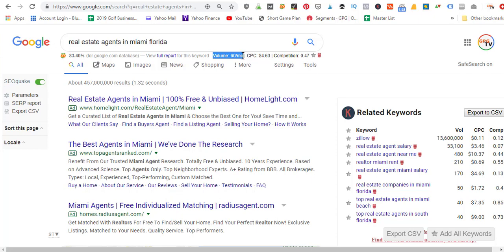If I was going to pay Google to rank my website, as you can see here, there's these different ads at the top. So we've got homelight.com running a real estate agent ad for Miami. We can see best agents in Miami being run an ad again by top agents ranked. So they're paying Google for advertising space, so they show up first in the search results.